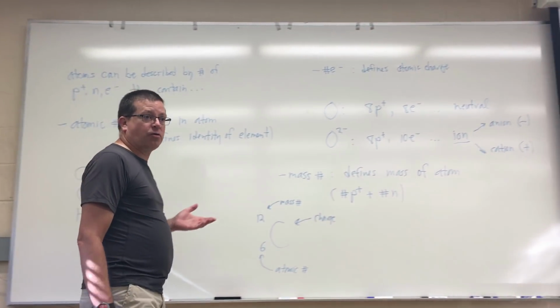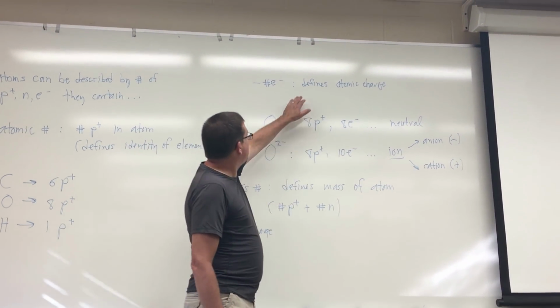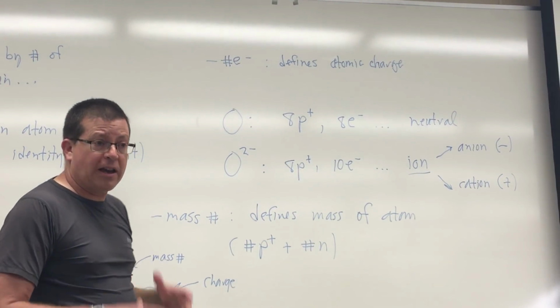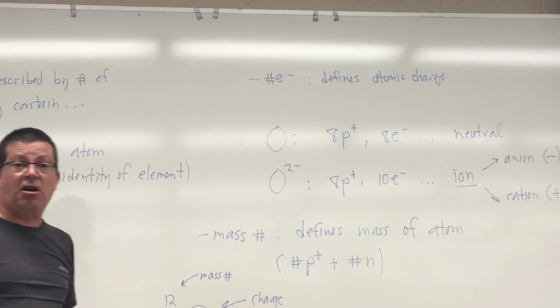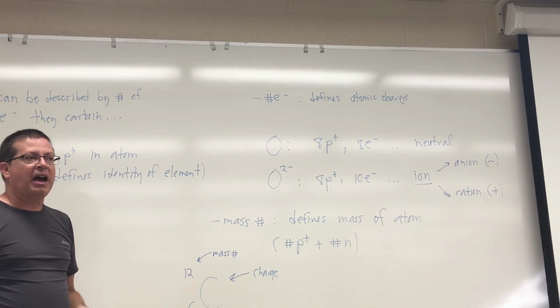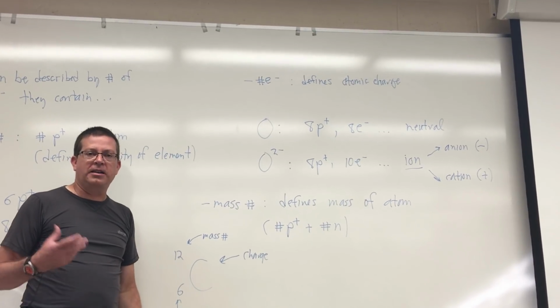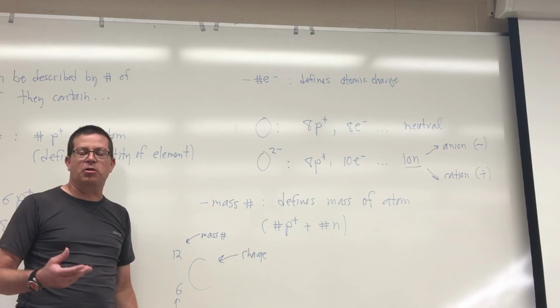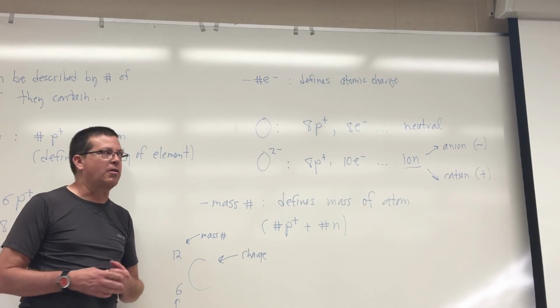Now, the other thing that we can look at is the number of electrons present in a particular atom. What the number of electrons tells us about the atom is the actual charge on the atom. So, for example, a carbon atom is a carbon atom because it contains 6 protons. That will never change. However, the number of electrons in the electron cloud around that nucleus can vary depending upon the chemical conditions surrounding that particular atom.